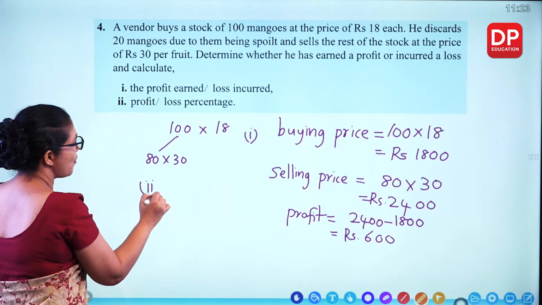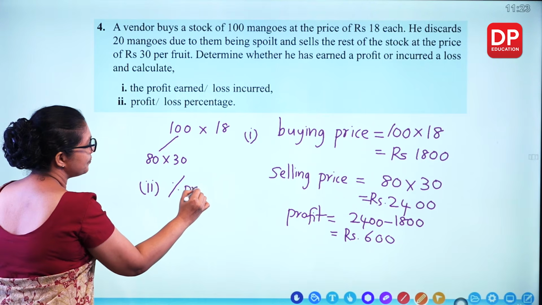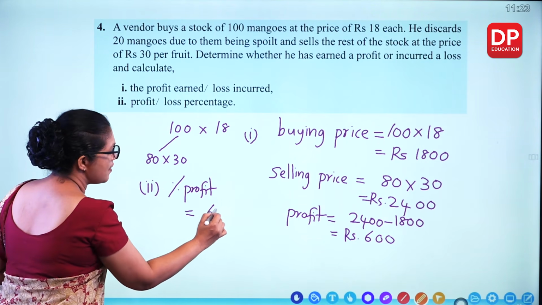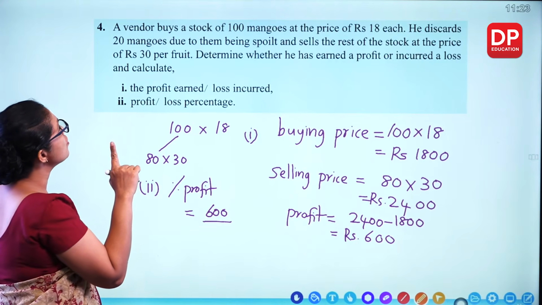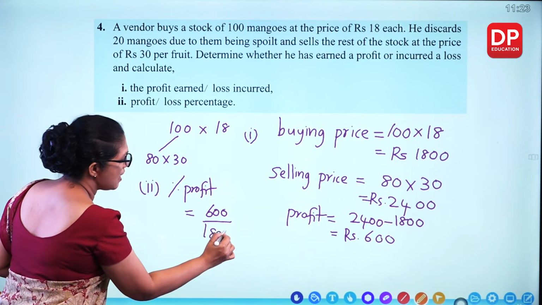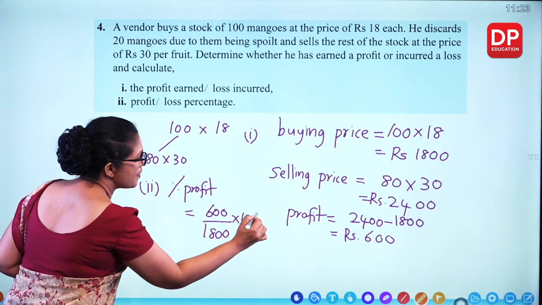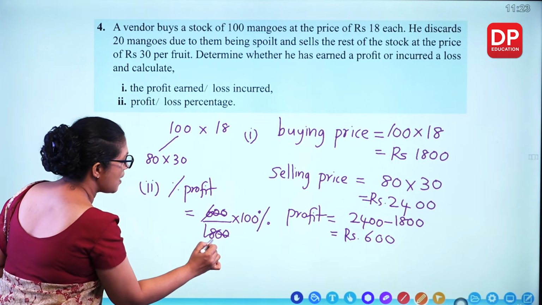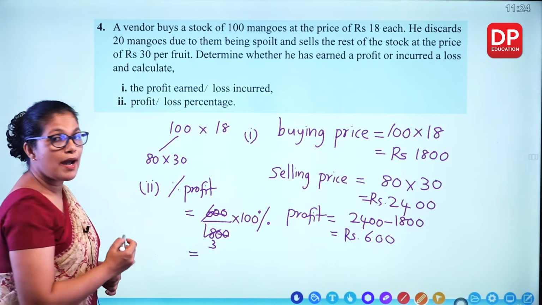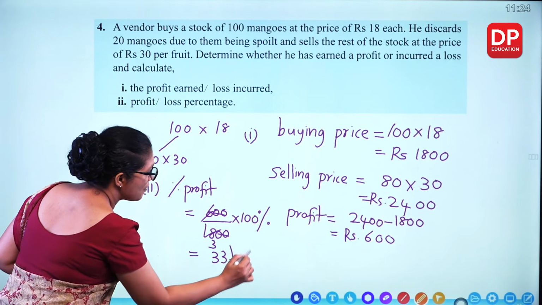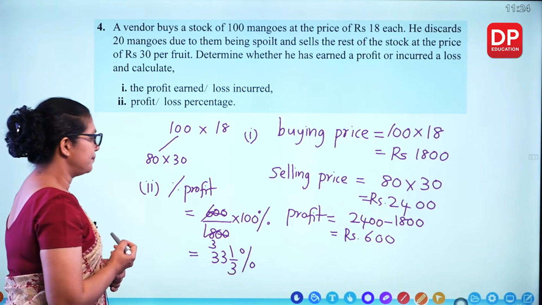How do you calculate the profit percentage? You can use 600 divided by the initial value. Initial value, that's the buying price, is 1,800 into 100. 2 zeros, 6 times 3. 100 divided by 3. 33 and 1/3%.